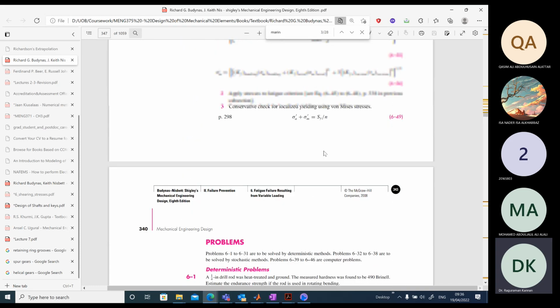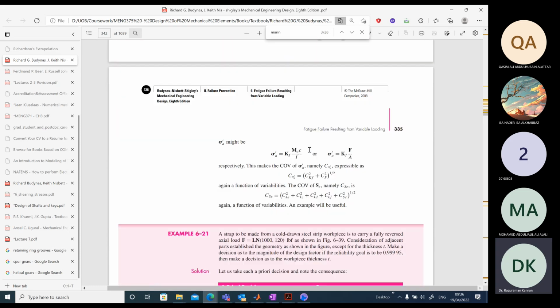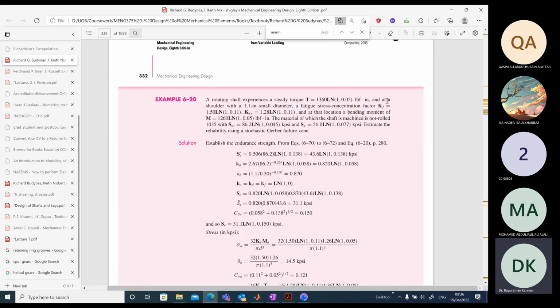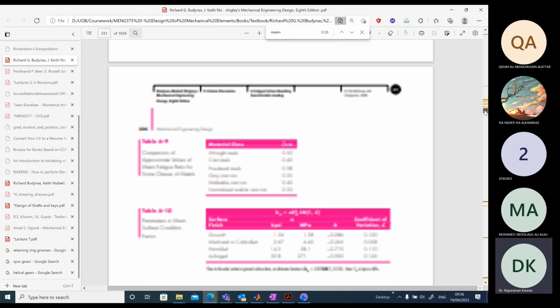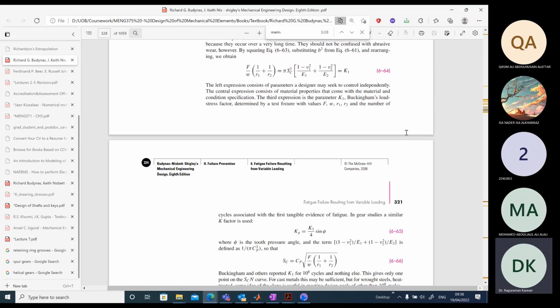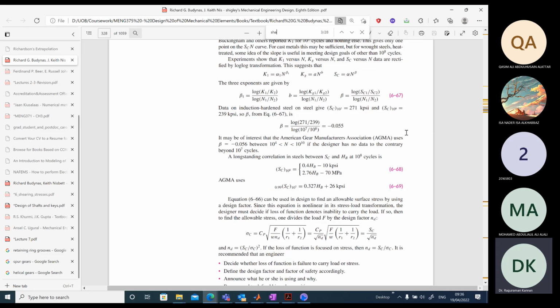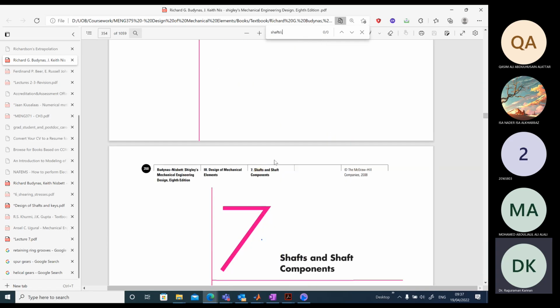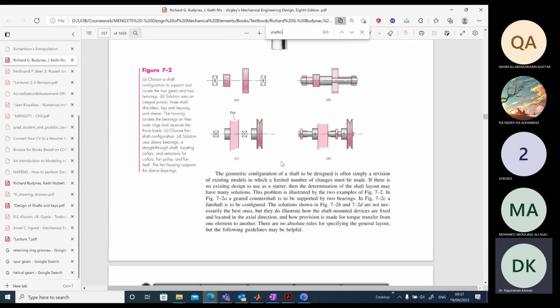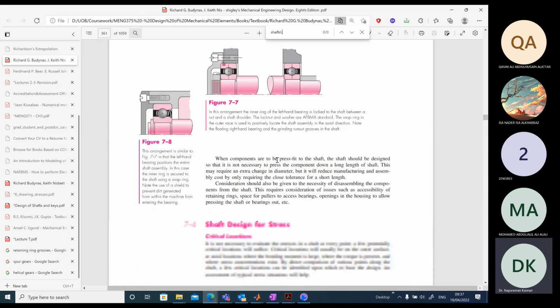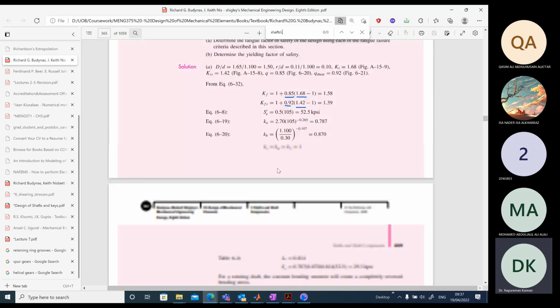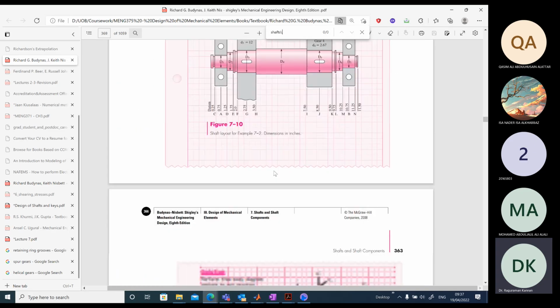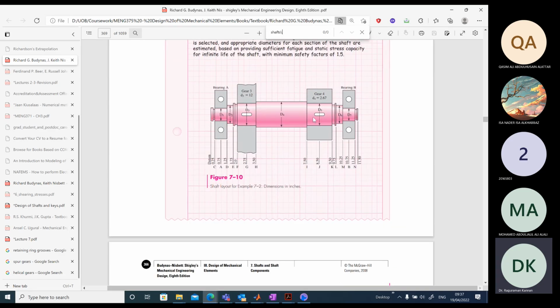Let's see if I can open the same problem in the book, so it will be easier for us to refer to. Okay, so Control F, shafts. And let's go to the problem in particular. Okay, so this is the problem we want to deal with.